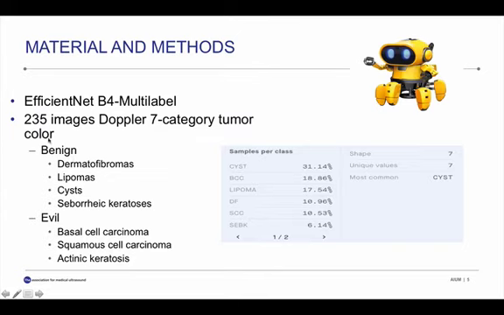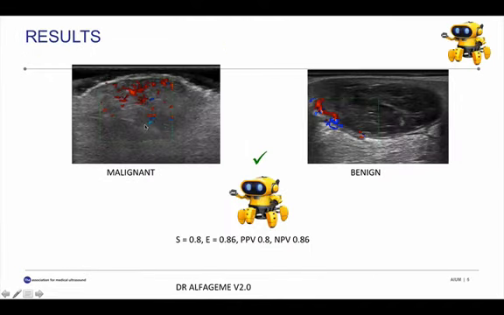Then we wanted to train our artificial intelligence to differentiate between benign and malignant with new lesions.